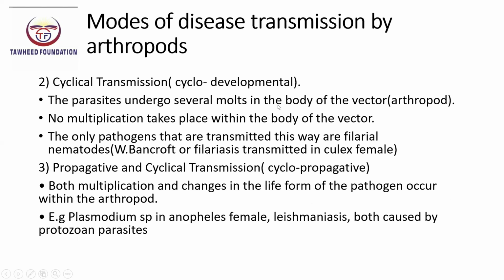Example is filariasis, when Wuchereria bancrofti is transmitted in the female Culex. Third is cyclopropagative transmission, which is propagative and cyclodevelopmental transmission. Here both multiplication and development happen. Example is malaria parasites.